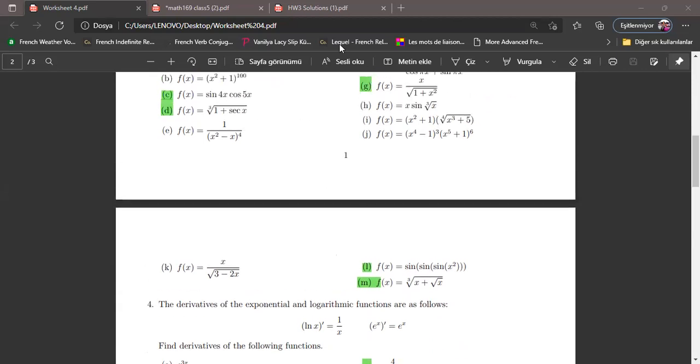Okay, so I will write that question on the board here. This part L, f of x, which is given by sine of sine x squared.